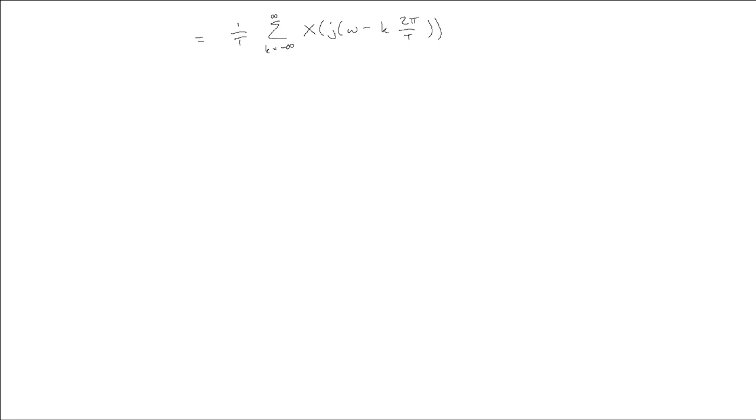So in picture form, suppose now we're looking at the frequency domain as opposed to the time domain of our signal. So this is X(jω), and maybe it looks something like this. So this is, again, just the continuous time Fourier transform of x(t).